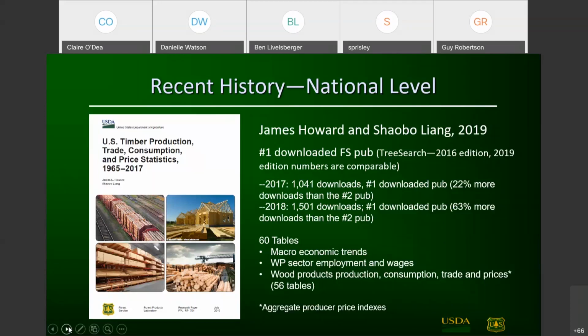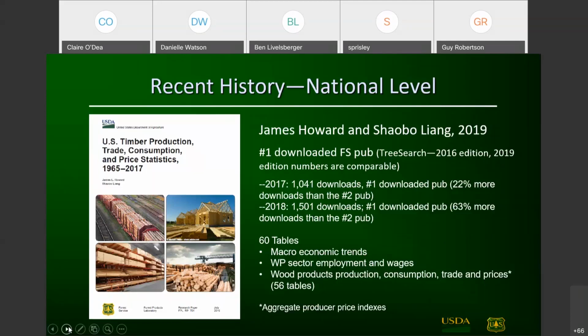Okay, this brings us to the Forest Service's main report on wood products, and that is the U.S. Timber Production, Trade, Consumption, and Price Statistics Report, otherwise known as the Howard Report. This publication was produced by the Forest Products Lab on a regular basis, and the publication and its associated data tables constitute the primary source of U.S. aggregate stats on wood products.